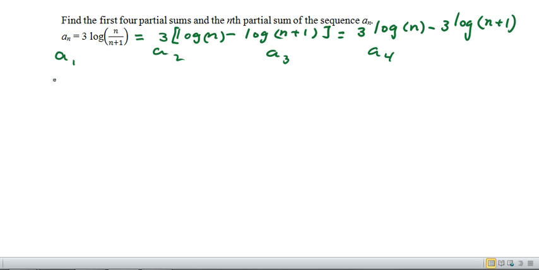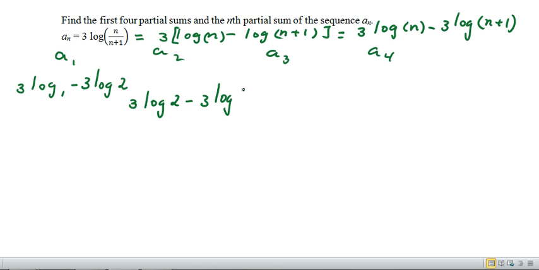Now when n is 1, that would be 3 common log of 1 minus 3 common log of 2. For a sub 2, it would be 3 common log of 2 minus 3 common log of 3, I'm sorry.